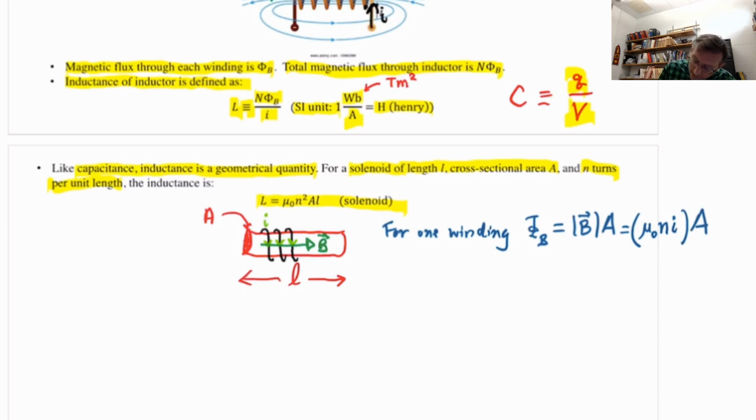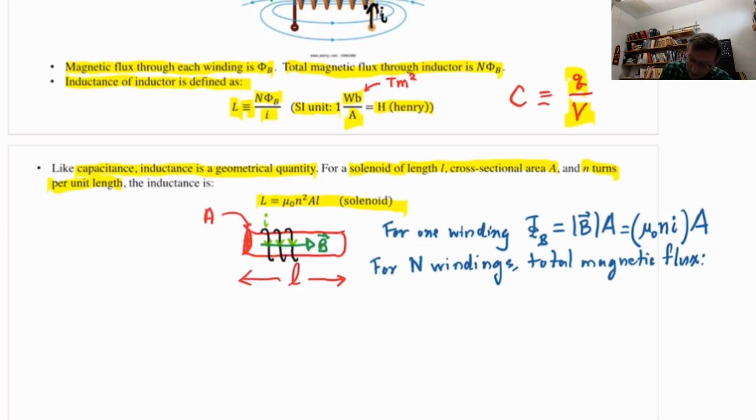So for N windings, what is the expression for the total magnetic flux? Well, I'll just come down here. That would be N times phi sub b, right?